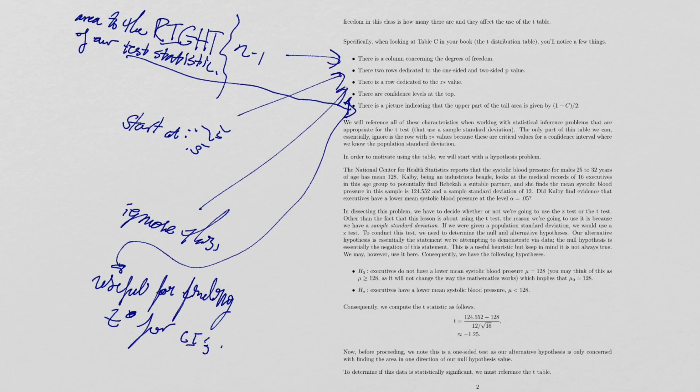Okay, those are kind of the key things you need to note about our table. The specific thing is we're not going to the left anymore, we're going to the right. You should also note that the highest probability we can get then, without multiplying by 2, is that 0.25, right? And it's given by our table. You're looking at that one-sided p-value at the bottom, where it says 0.25.